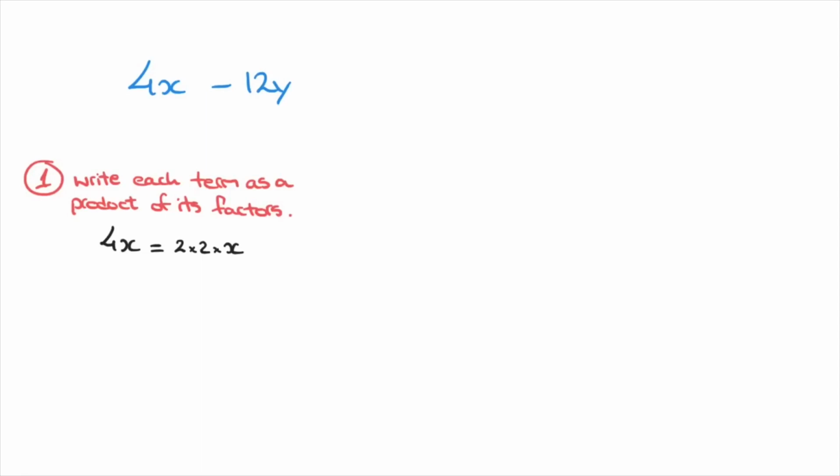And in a similar way, 12y can be written 12y equals 2 times 2 times 3 times y. Now, each of the two terms has been written as a product of its factors, and we can go ahead and write that this expression equals 2 times 2 times x minus 2 times 2 times 3 times y. And that's our first step done.